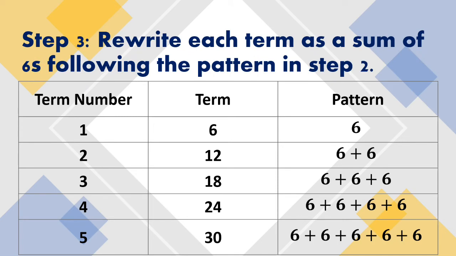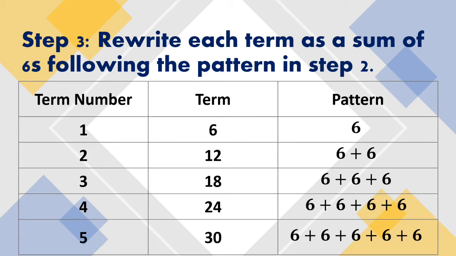Step number 3. Rewrite each term as a sum of 6's following the pattern in step 2. The first term is 6, so the pattern is 6. The second term is 12, so the pattern is 6 plus 6, which is equal to 12.